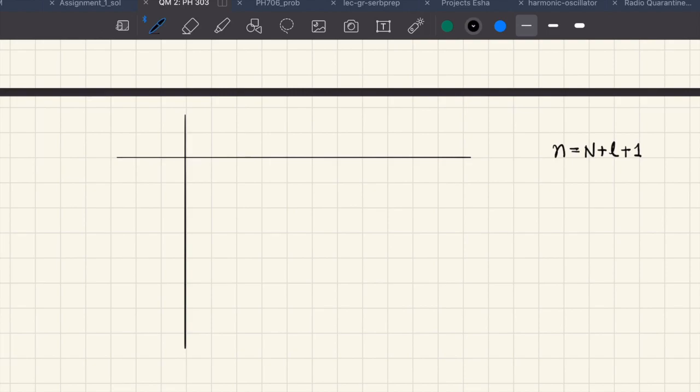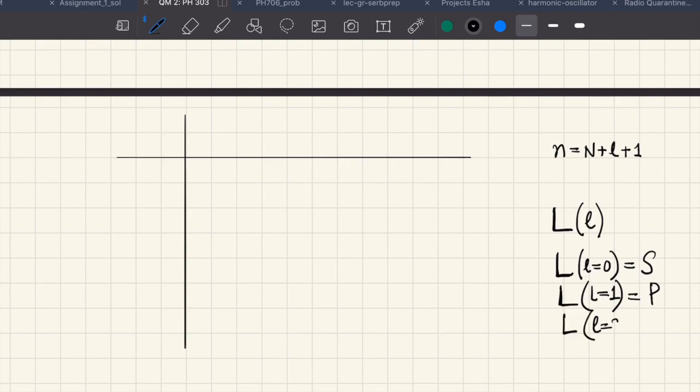Now we have also said the following: let us also use this notation of capital L, where capital L is a function of small l. So for example, capital L with small l equal to 0, we will call the s orbital. Capital L with small l equal to 1, we will call the p orbital. Capital L with small l equal to 2, we will call the d orbital, and capital L with small l equal to 3, we will call the f orbital.